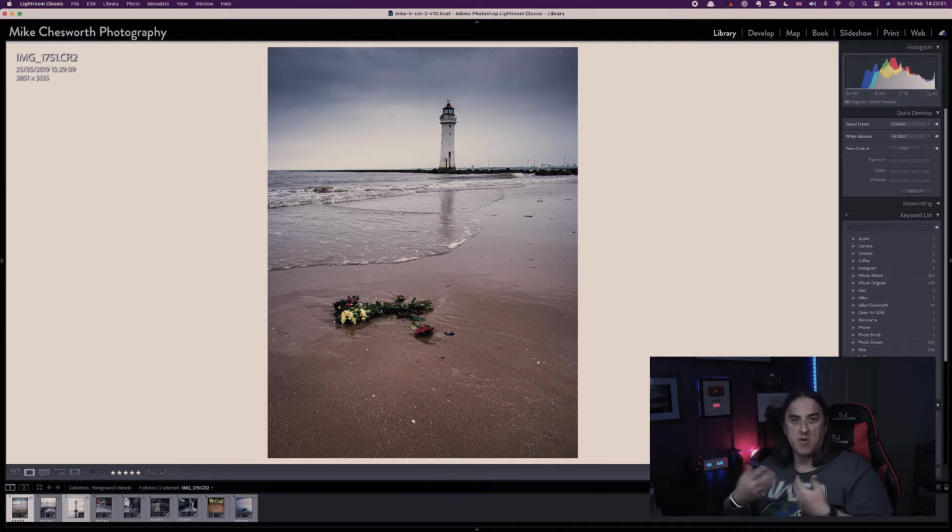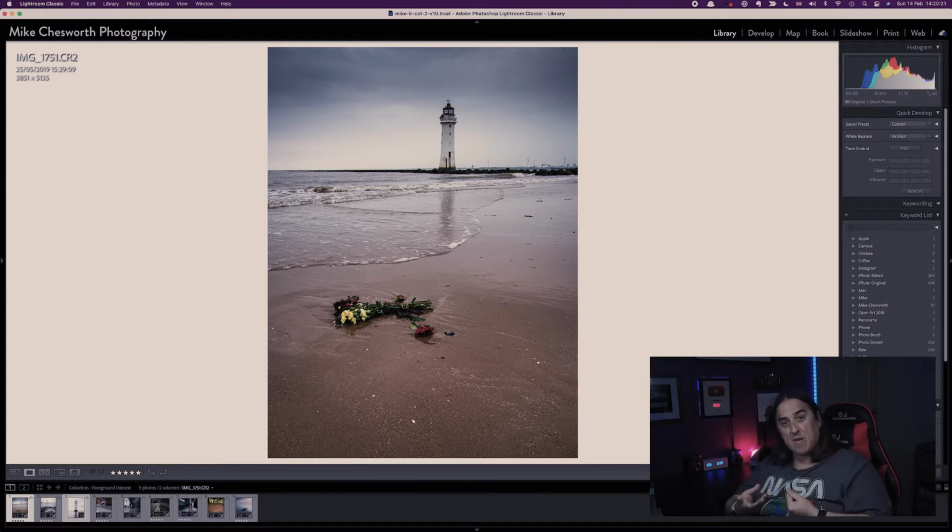It may be a tribute to somebody who's been lost at sea previously. It could be a tribute to somebody who was a sailor or a person who liked to be at sea. So it tells an interesting story and adds a little bit of interest and mystery to an image.